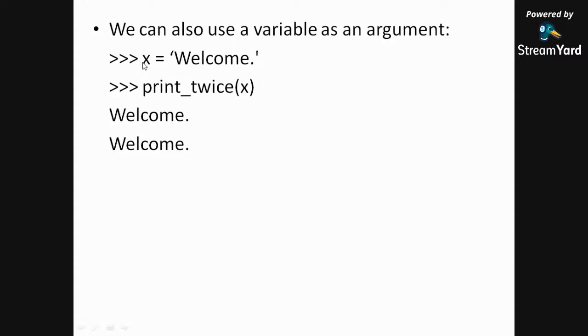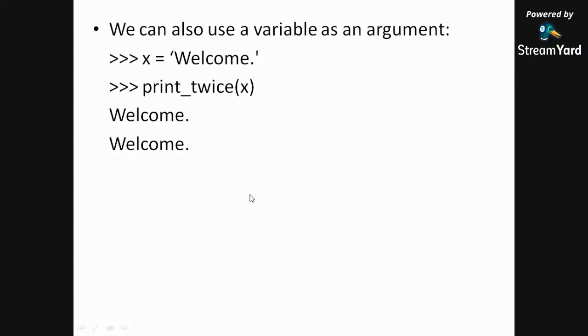Just see here, I have a variable x assigned with the string welcome. Now you can call the print twice function with the variable x passed as an argument. Then you can see welcome welcome printed twice on the screen. Whatever value is present in x will be passed to this function, and it takes that as the argument and prints the value.